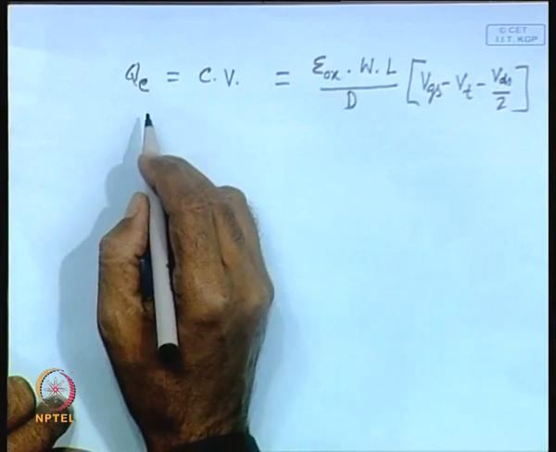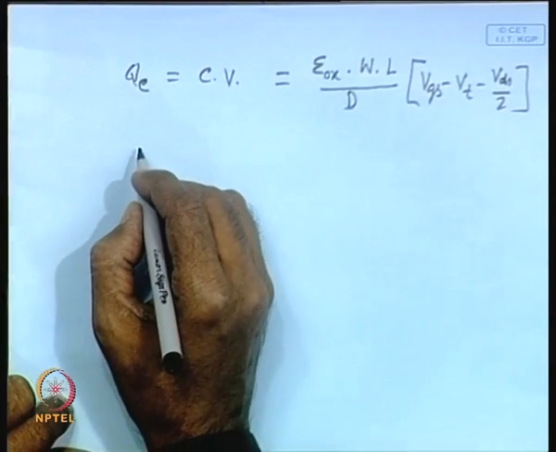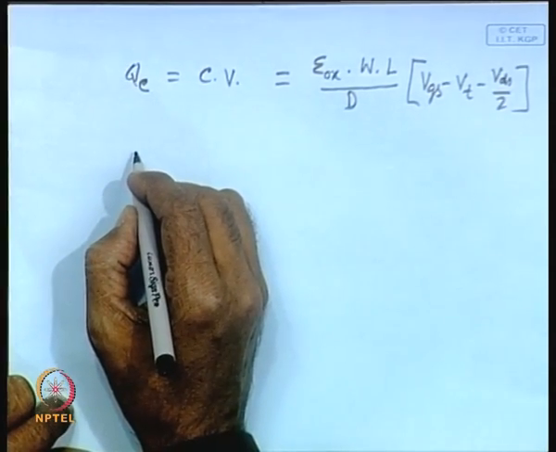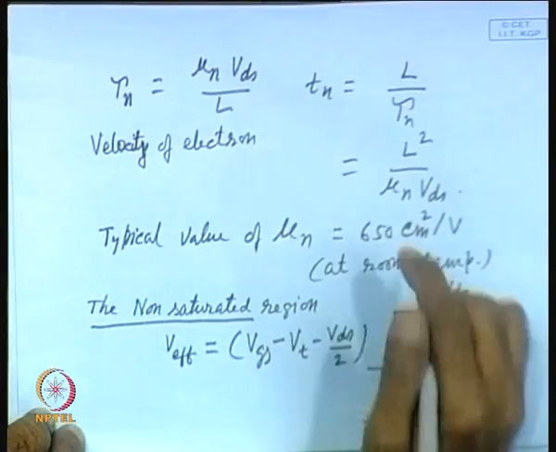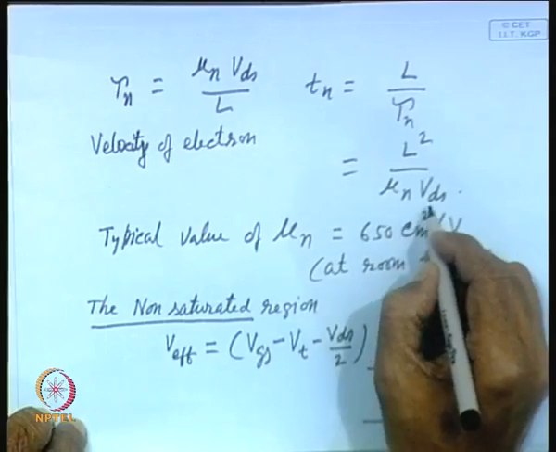Now, we already know the electron transit time. What was the electron transit time that we found out? It is equal to L square by mu n VDS, so we can substitute this.